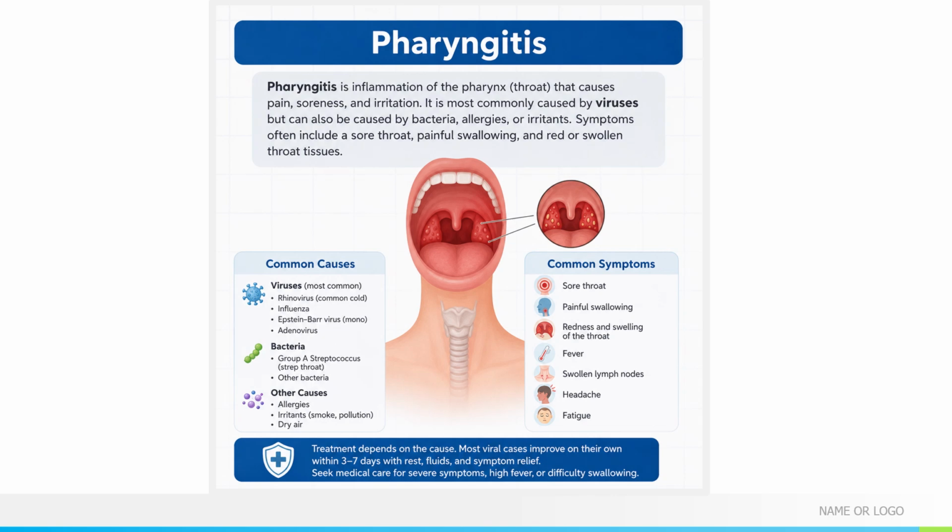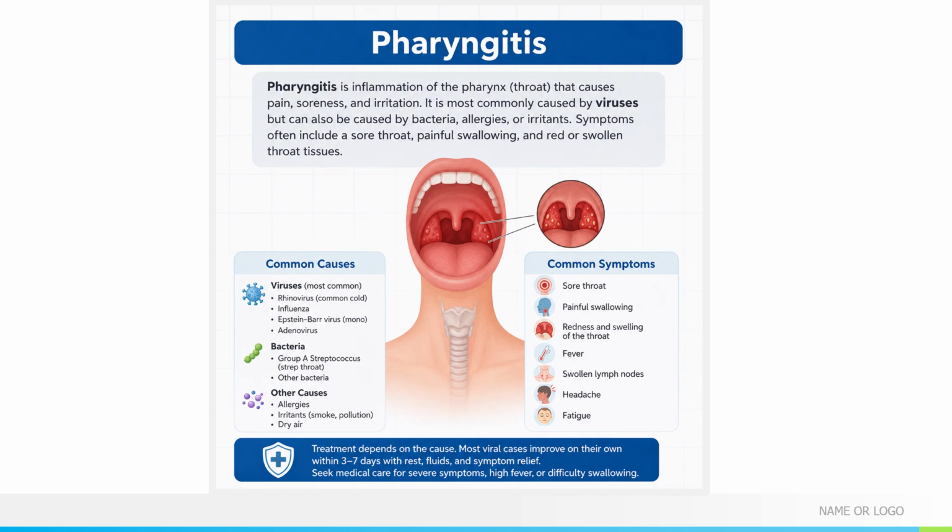Other risk factors include school-aged children and adolescents, particularly for Streptococcus pharyngitis, close contact with infected individuals, crowded environments such as schools, dormitories, or daycare centers, smoking or secondhand smoke exposure, and weakened immune function.